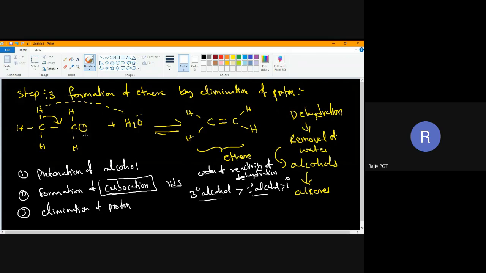Why? Because it results in the formation of carbocation. Tertiary carbocation is more stable than secondary carbocation, then primary carbocation. That is the reason tertiary alcohols give dehydration fast compared to secondary, then primary.